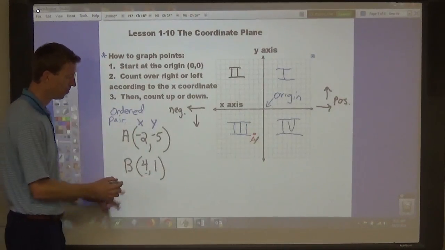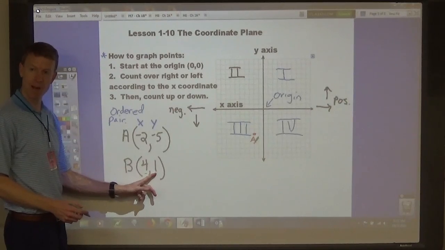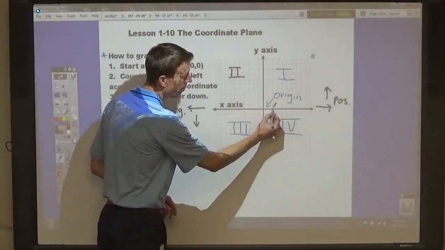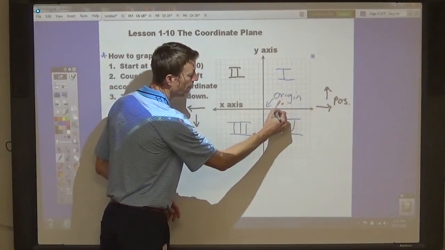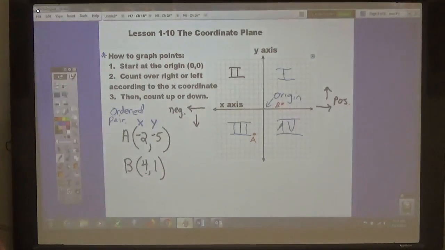And then down 1. Down 1 or up 1? Oh, wait, up 1. It's positive 1, so you go up 1. Good. So you go 4 to the right, 1, 2, 3, 4, and then up 1, and label that letter B. Okay?